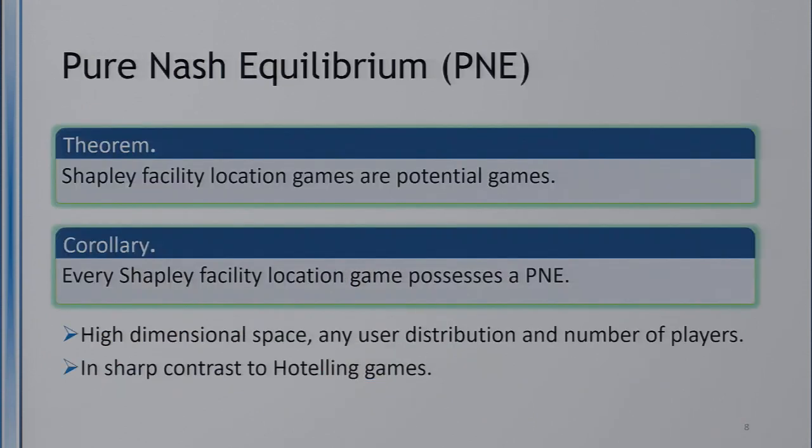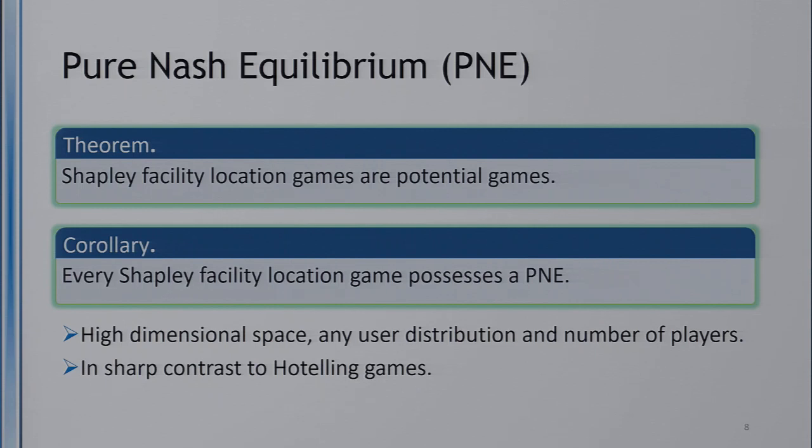Great. So let me talk about our results. The first result is that Shapley facility location games are potential games, and we proved that by showing a potential function for this setting. And since the strategy space of the players is compact, and the payoff functions are continuous with respect to the strategies, then as a corollary of the seminal paper of Monderer and Shapley, we get that every Shapley facility location game possesses a pure Nash equilibrium.